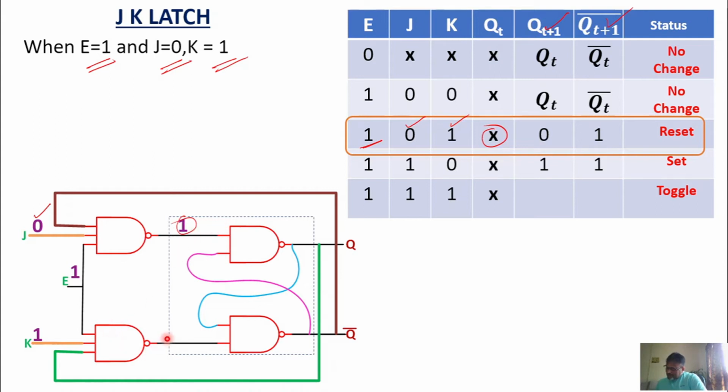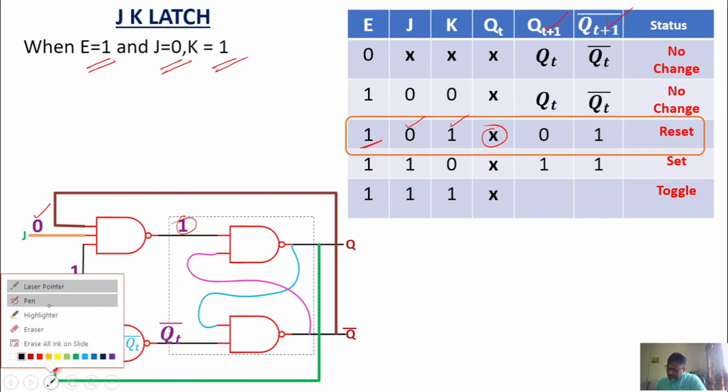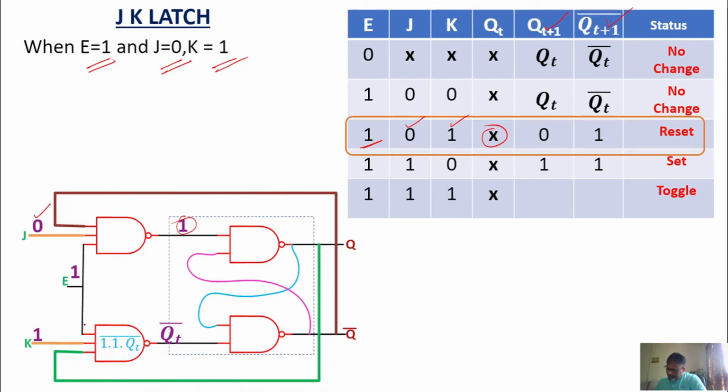Now you see, what will happen to this now? Here in this NAND gate, what you have is 1 here and 1 coming from here, and this is QT. What is coming here is QT, right? Now output will be 1 into 1 into QT whole bar. 1 into 1 into QT is QT, whole bar.